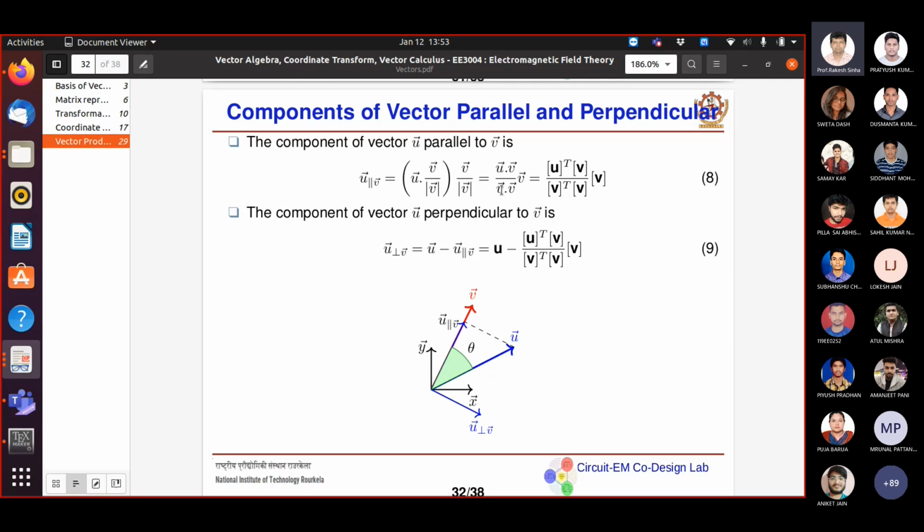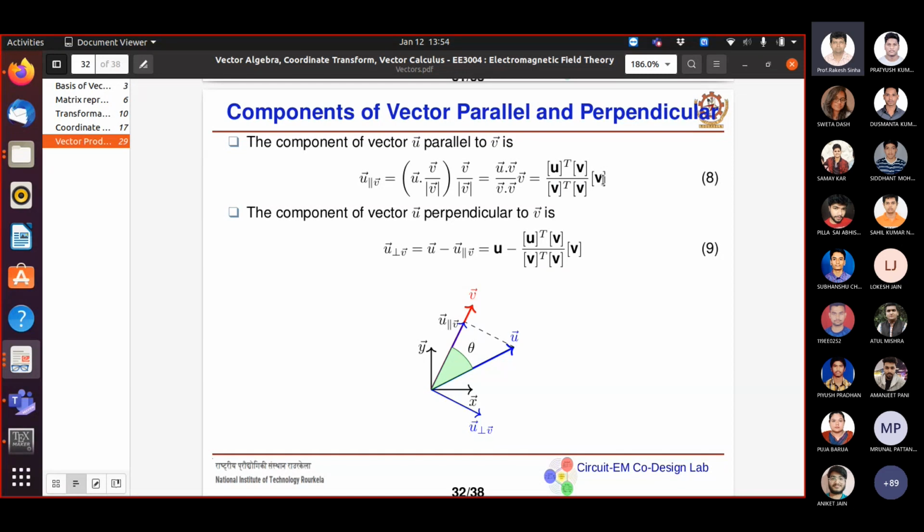This dot product is U dot V, and the direction is the V direction. In terms of matrix multiplication, it is U transpose V divided by V transpose V, times the V vector. In this way we can find the component which is parallel to V.